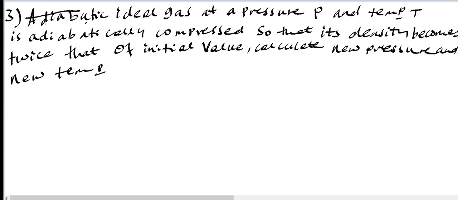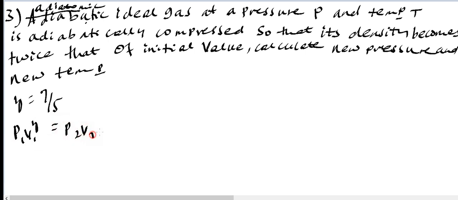This should be a diatomic ideal gas. If it is a diatomic gas, gamma is equal to 7/5. So P1 V1 to the power of gamma equals P2 V2 to the power of gamma, but we don't have volume.